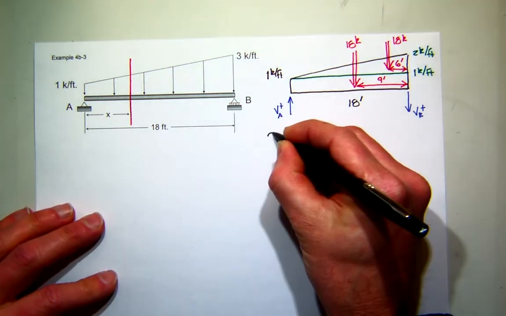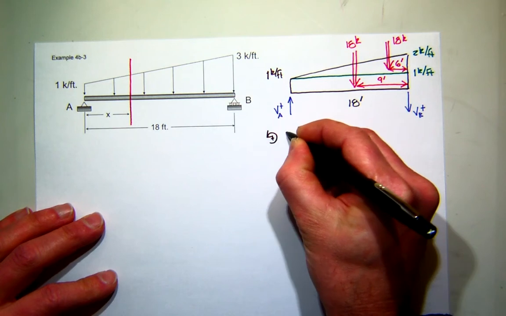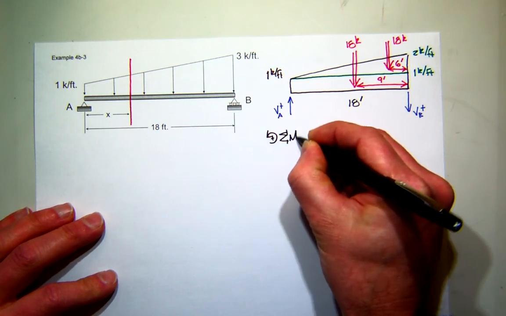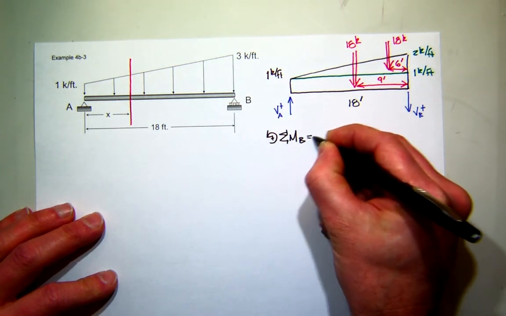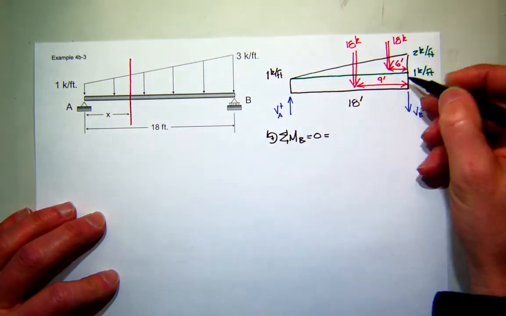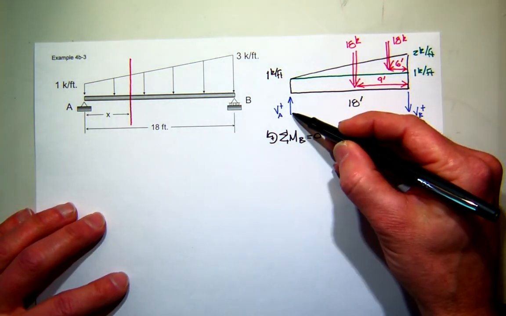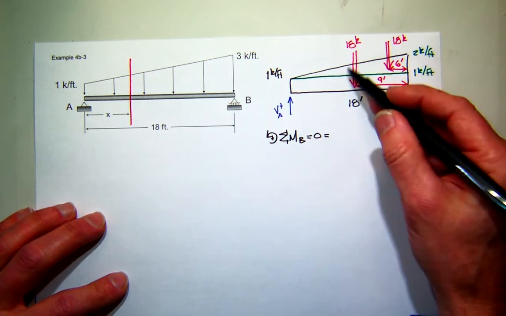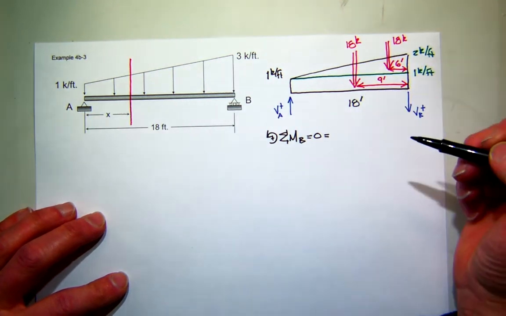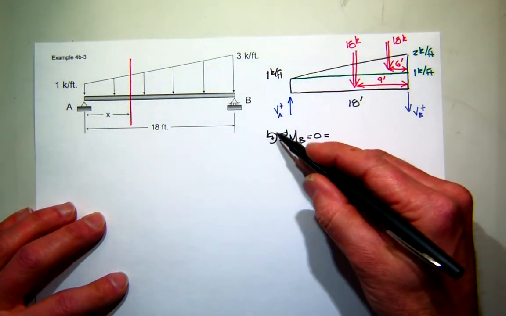So with that done, I'm going to sum moments at B, and I'll have the two concentrated equivalent forces balanced by the reaction. Both of these forces create what kind of moment in my sign convention?